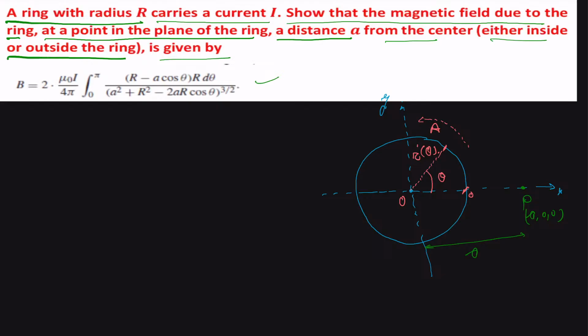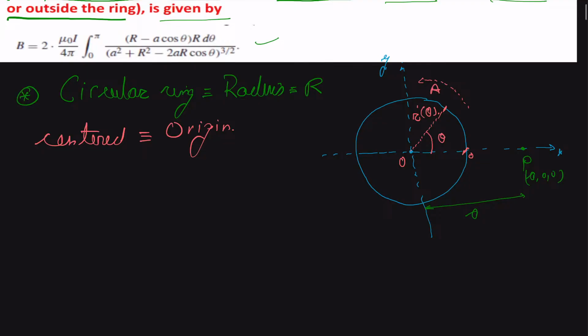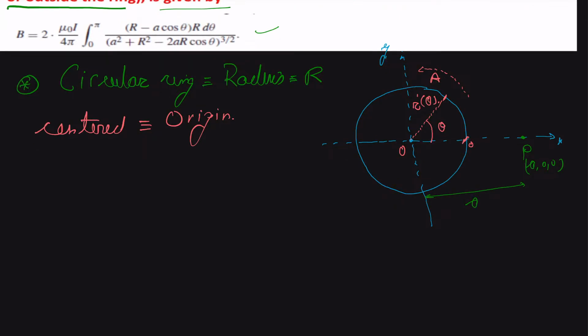Therefore we can say that we are having a circular ring of radius r, whose radius is our capital R, and it is centered at the origin, and we consider a small current element, which is denoted by angle theta.